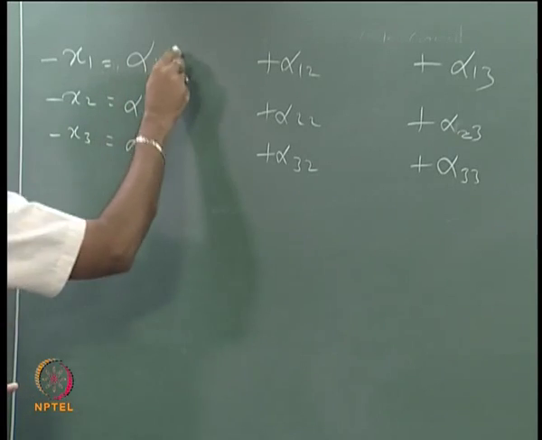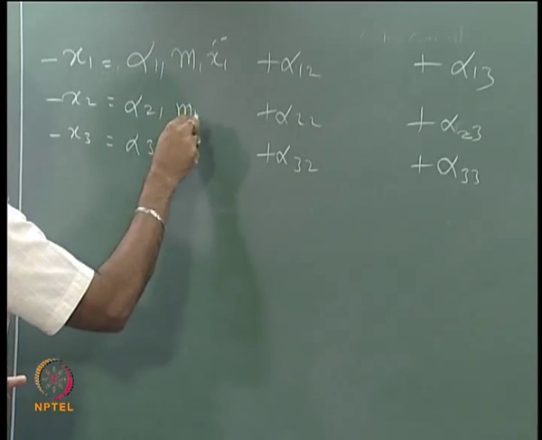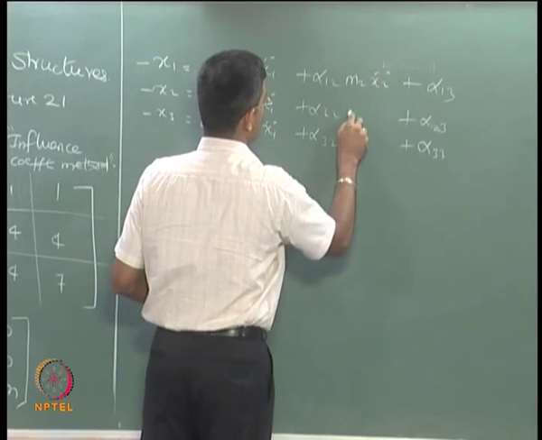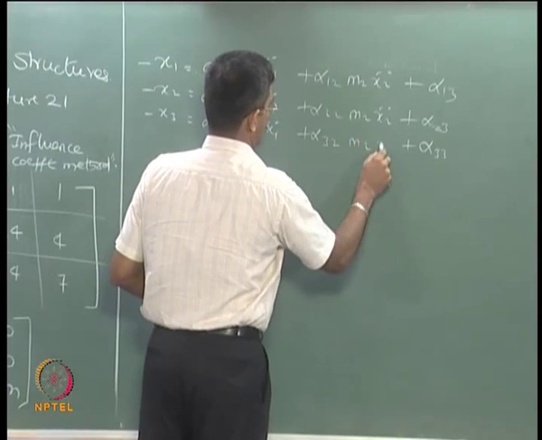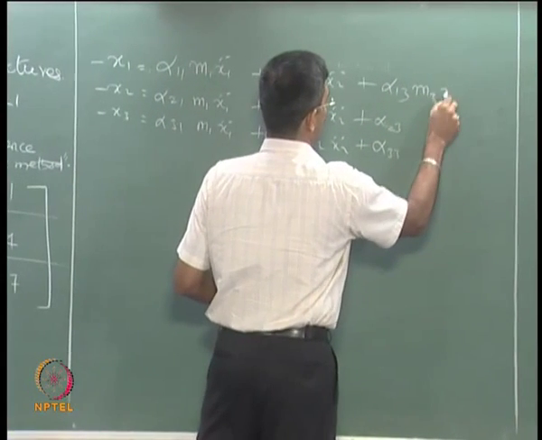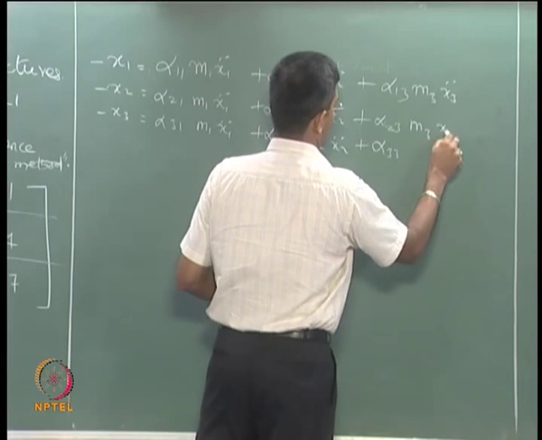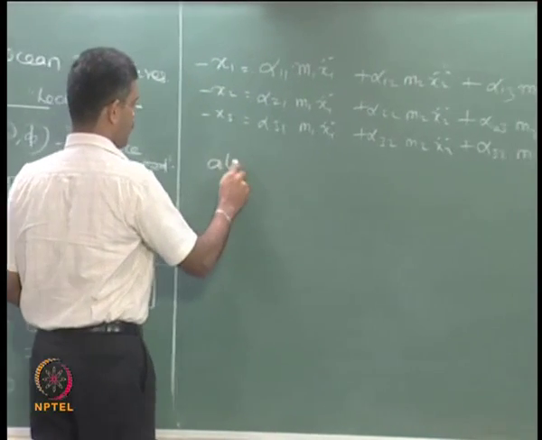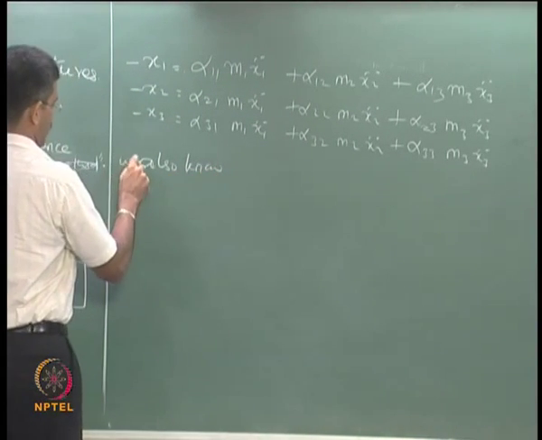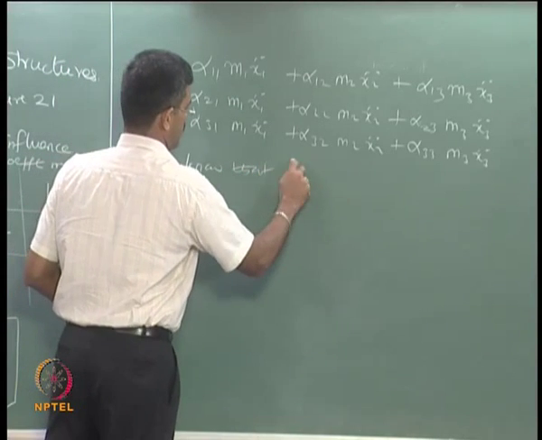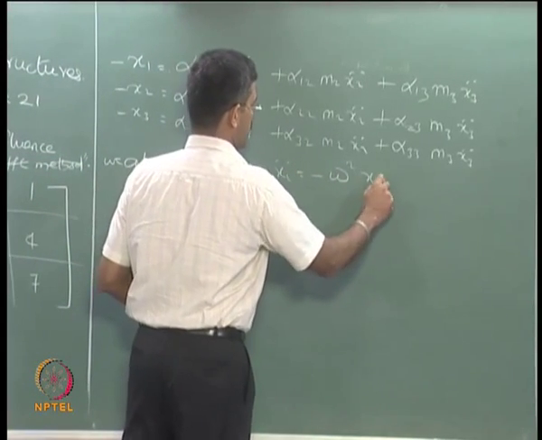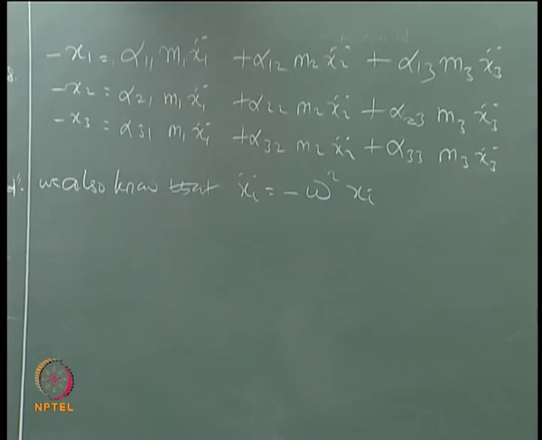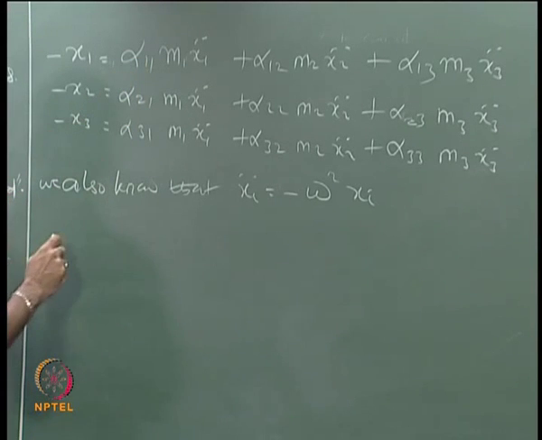After I do this, I simply say m1 x1 double dot and so on. We also know that xi double dot is minus omega square xi, for xi being a sinusoidal function which has been assumed.